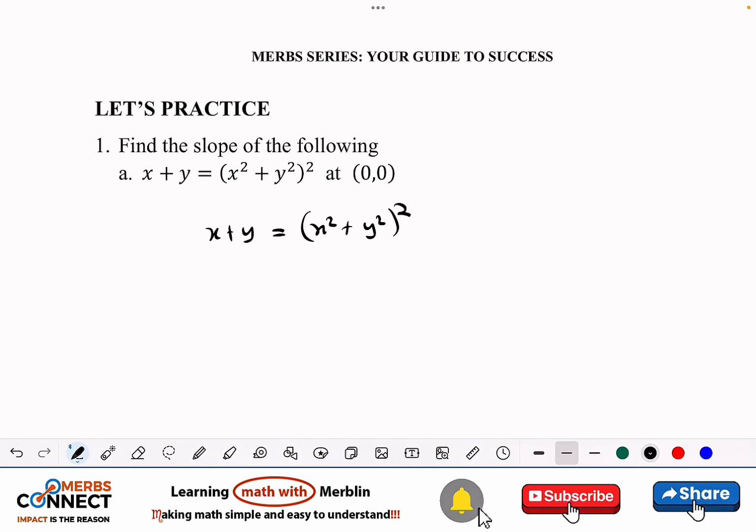Now this is implicit differentiation. So we are going to differentiate this side and differentiate this side. The idea is to differentiate the left with respect to x, and then differentiate the right with respect to x. So what are we going to get?